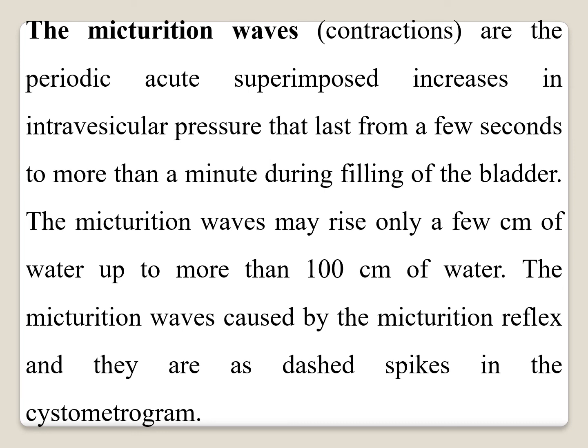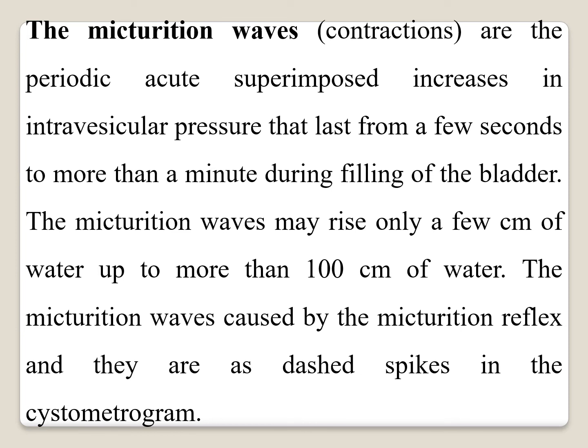They are the periodic, acute, superimposed increases in the intravesicular pressure that last from a few seconds to more than a minute during filling of the bladder. Also, this micturition wave may rise only a few centimeters of water up to more than 100 centimeters of water.